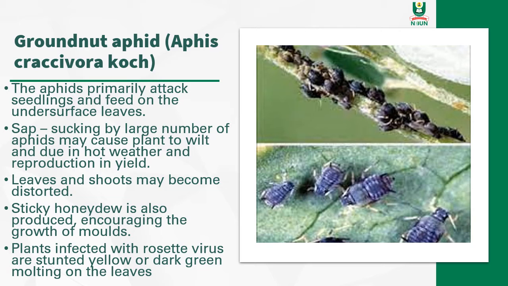And because of this, plants infected with rosette virus are stunted, yellow or dark green mostly on the leaves. So this is what the insect looks like in this picture here. That is the groundnut aphid.